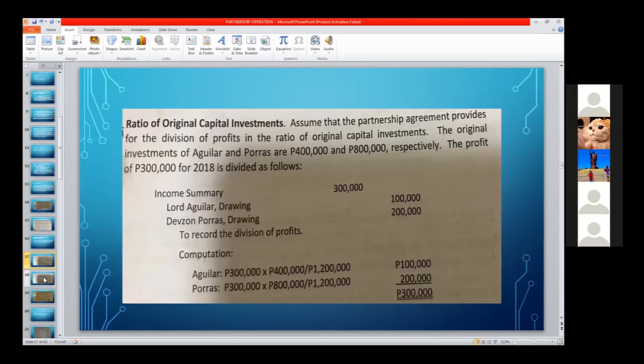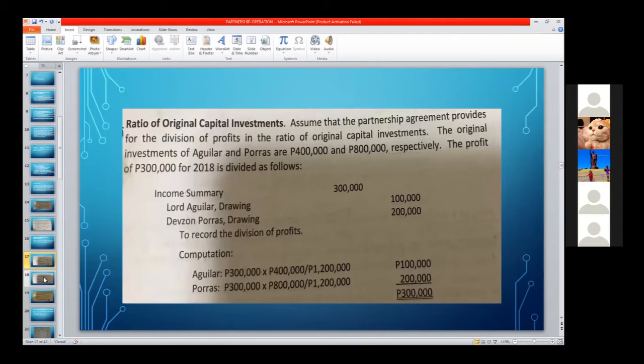Then ganun din kay Porras, 300,000 na profit multiply sa 800,000 na investment, then divide sa 1,200,000. You will get 200,000. So, ipag-add mo yung 100 and 200, makukuha mo yung 300,000 na profit nila, which is yung amount dun sa income summary. So, ganyan lang siya kasimple. Multiply then divide lang, saka add.